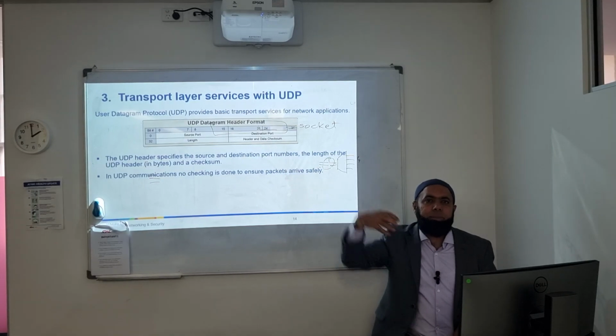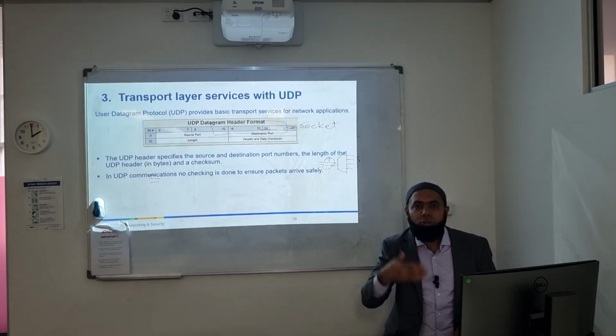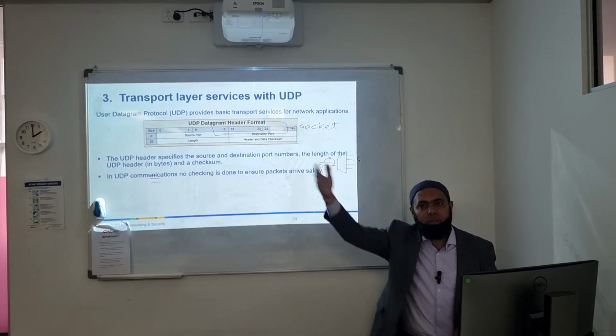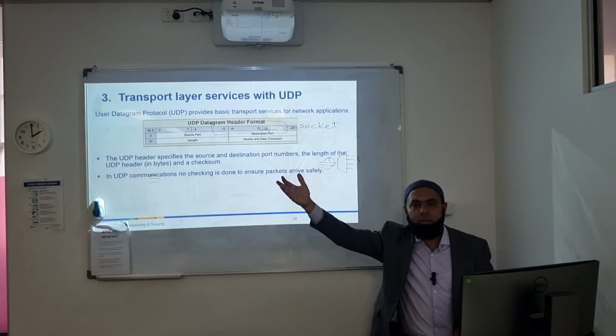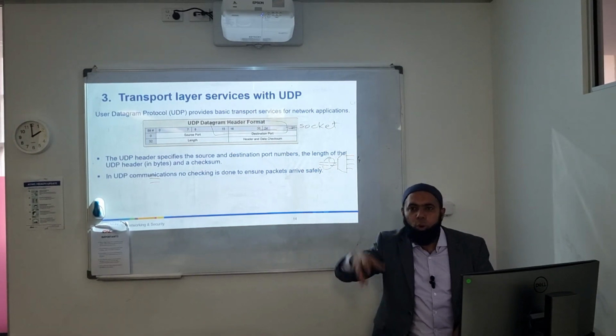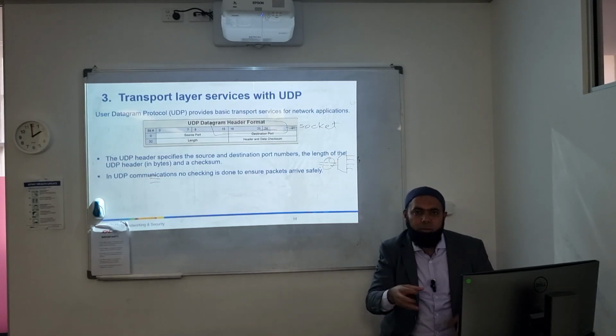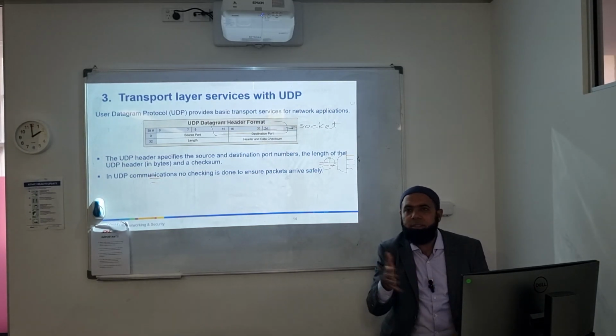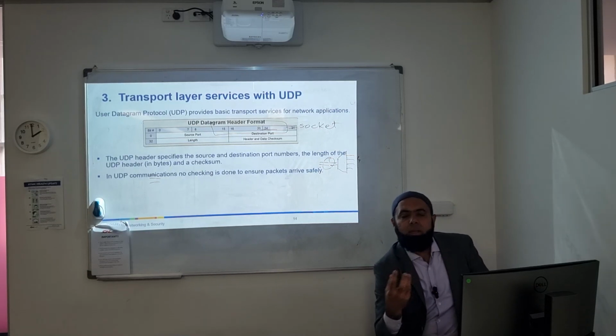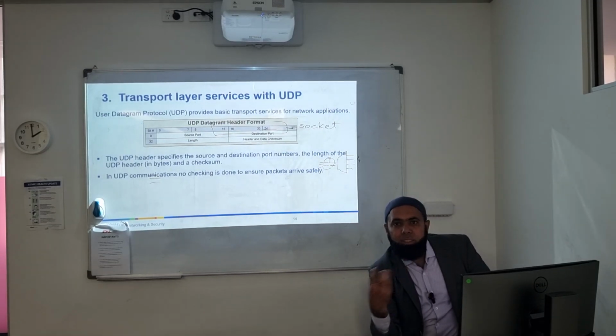When any parcel comes to your home, you are logically communicating with your sender. You don't know how many different steps it went through, but for you it is a very simple, straightforward step. That's known as simple logical communication between two devices.